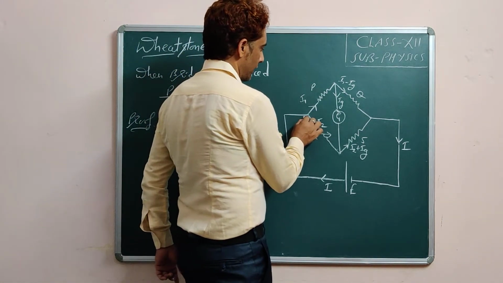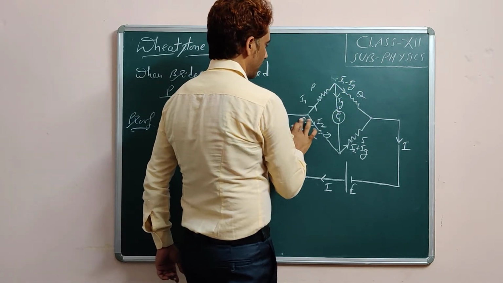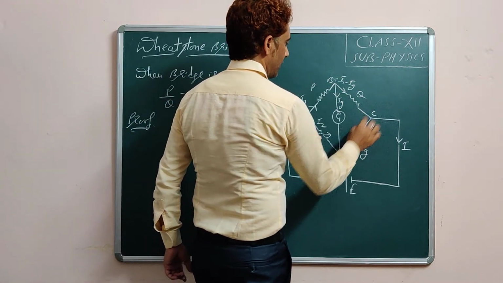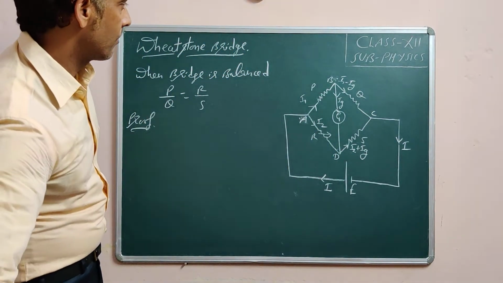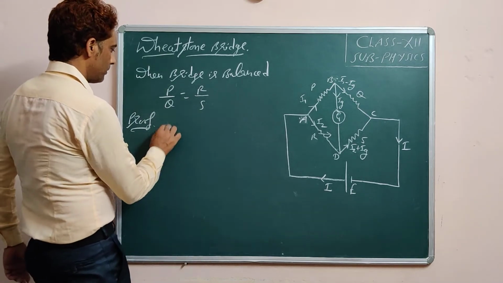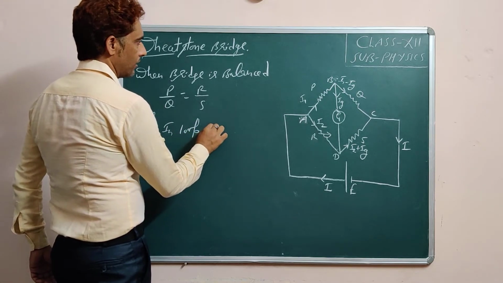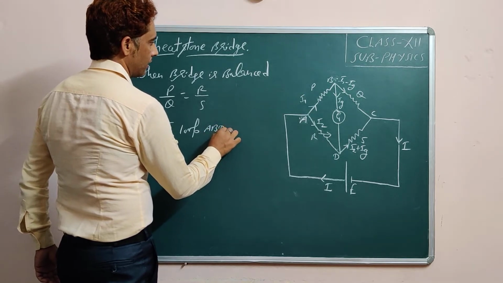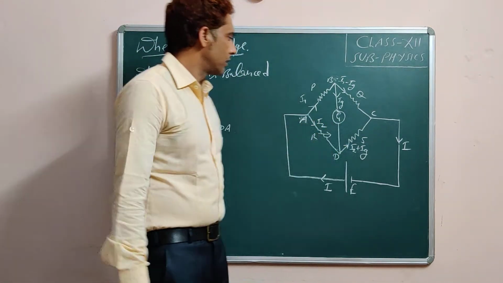So let me name these junctions with capital letters A, B, C, D. So I consider the loop A, B, D, A. Here this capital G is the resistance of the galvanometer.